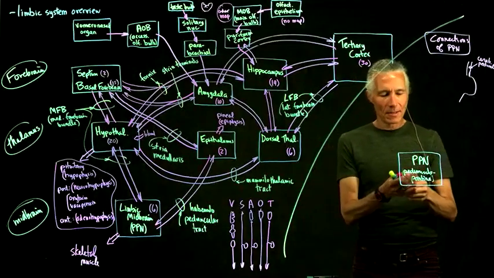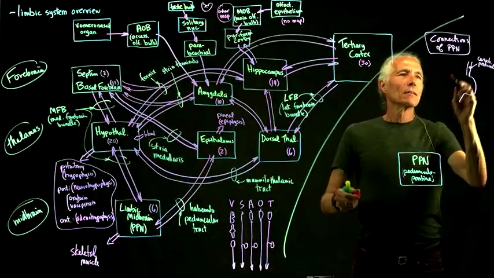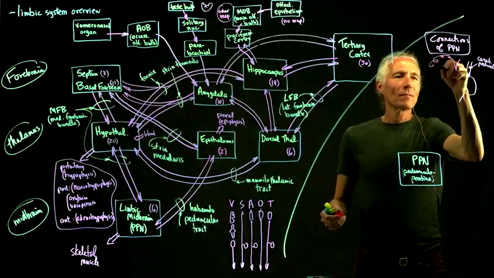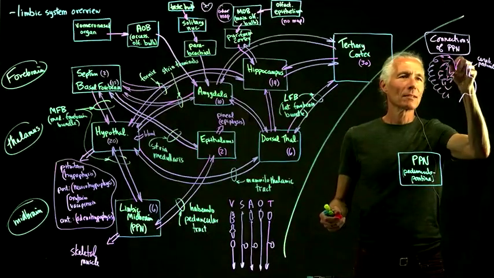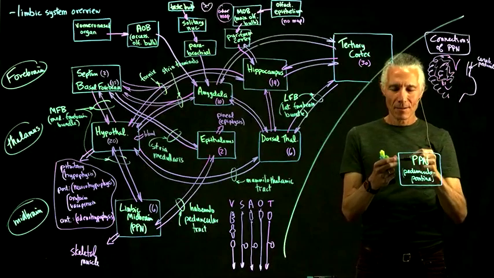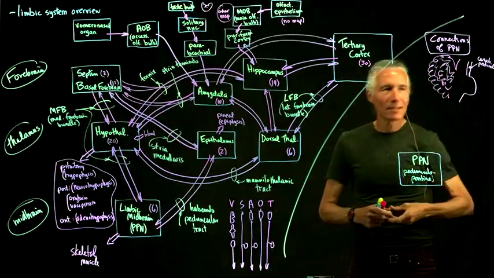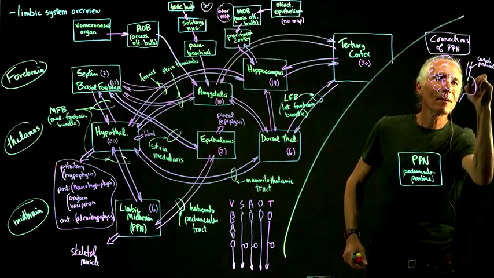And so the cerebellum is over here. So this is this giant human cerebellum sort of sticking on top. And so where is the pedunculopontine nucleus? It's located right about there.